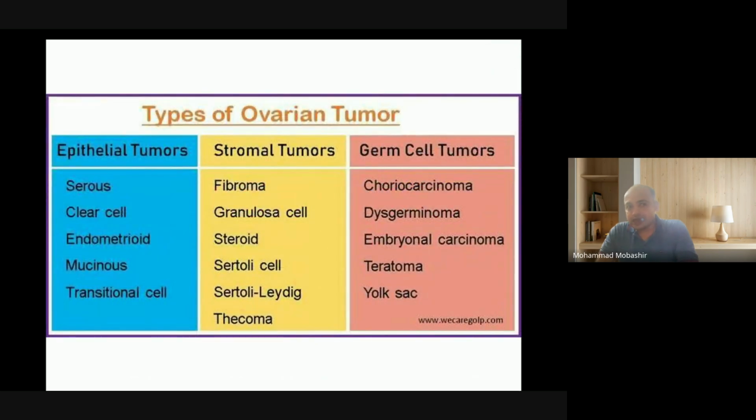Now, for these three types of ovarian tumor: epithelial tumors are serous, clear cell, endometrioid, mucinous, transitional cell. Stromal cell tumors are fibroma, granulosa cell, steroid, Sertoli cell, Sertoli-Leydig cell, then thecoma. And germ cell tumors are choriocarcinoma, dysgerminoma, embryonal carcinoma, teratoma, and yolk sac.